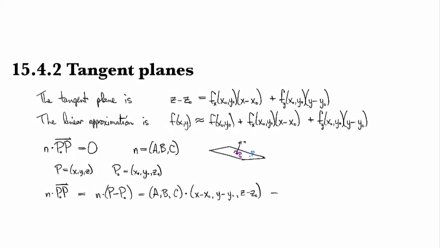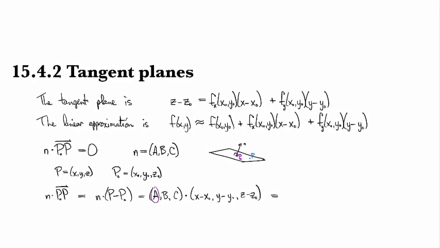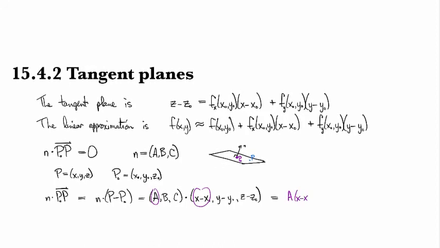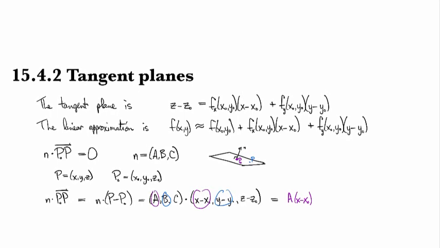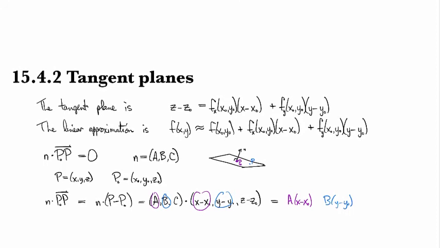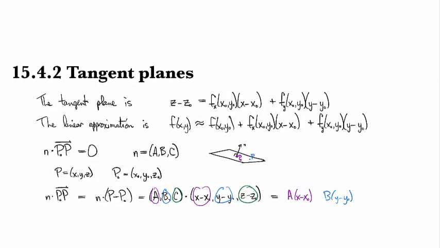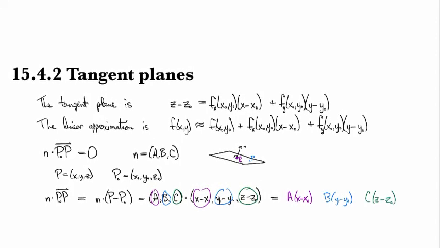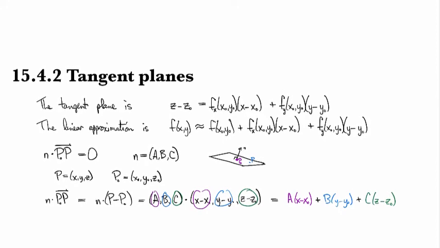And so when you do the dot product, you match up the first coordinates, and then you match up the second coordinates, and then you match up the third coordinates, multiplying them together, and then you add everything up.